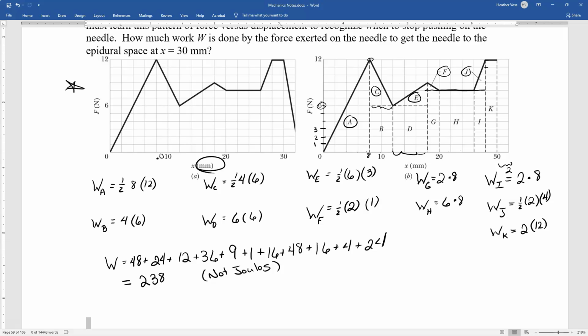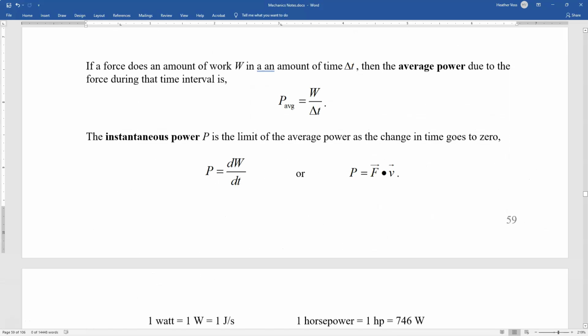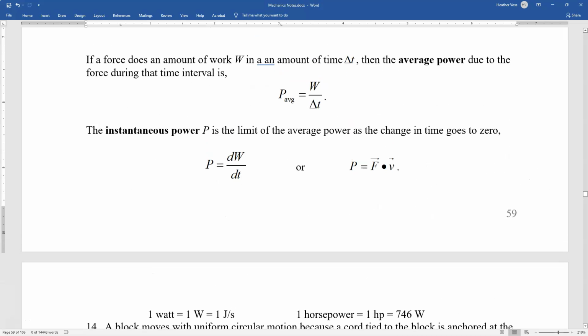So if I slide that over 3 spaces for every single one of my calculations, I get 0.238 joules. So you do have to watch your units, make sure you're doing the correct calculations, and move your decimal as appropriate.